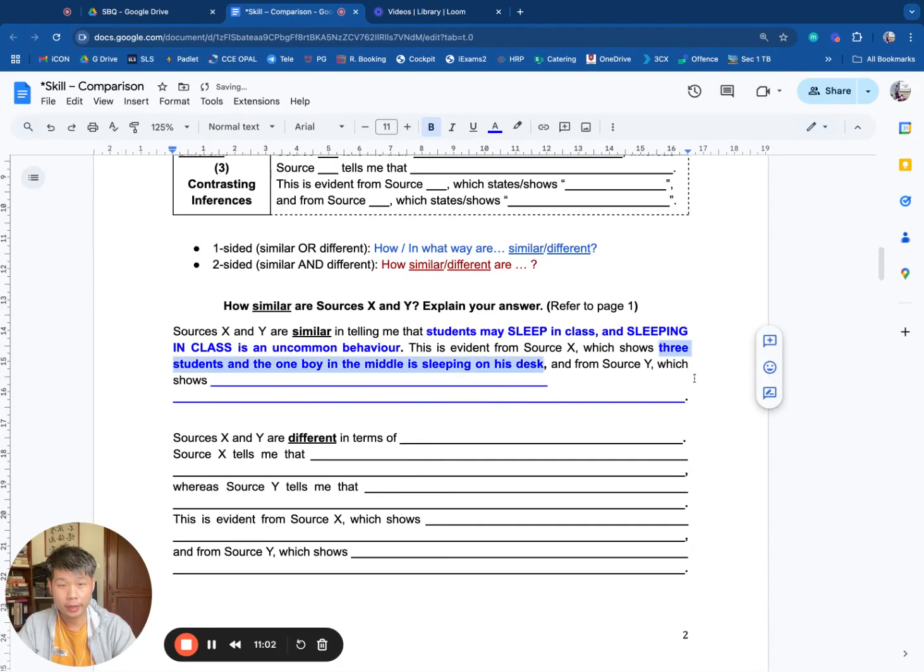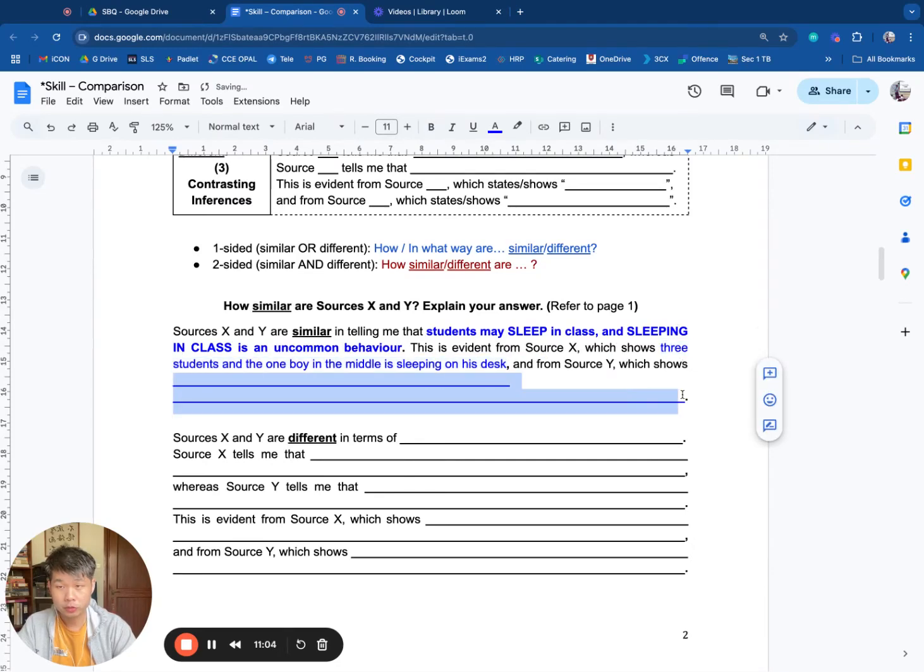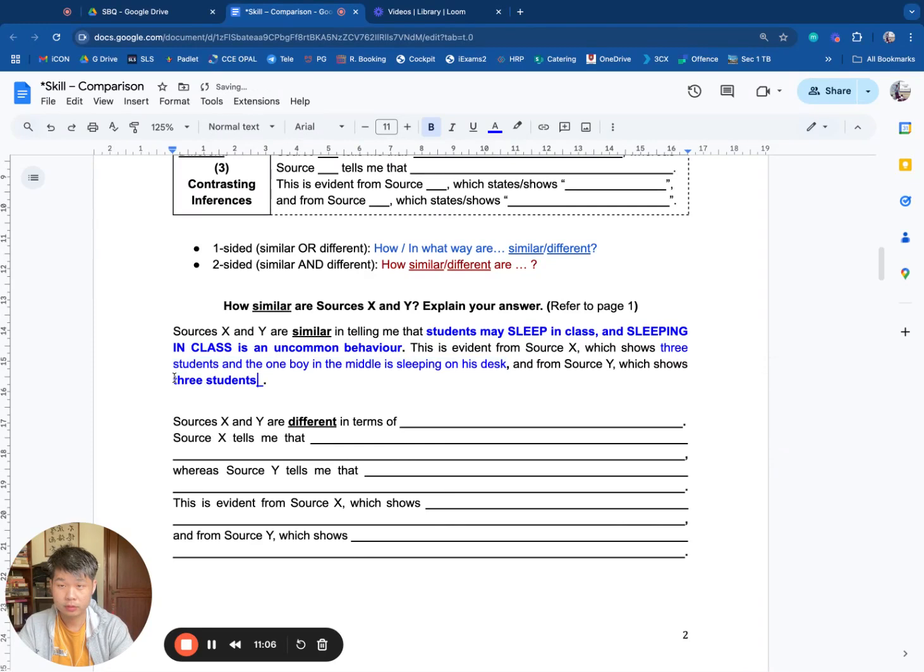And from source Y, which shows me 3 students and the one girl in the middle is sleeping on her desk. So in the pictorial source, I describe what I see as evidence, and I have completed my similarity. Now let's do, and let's label. Here is ATQ.